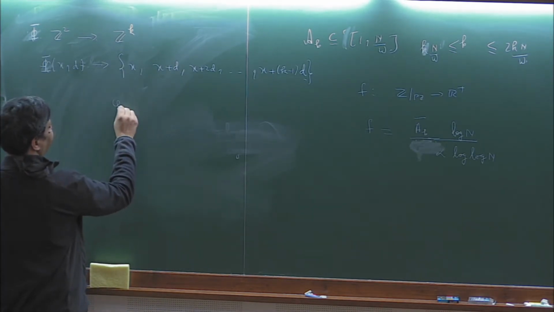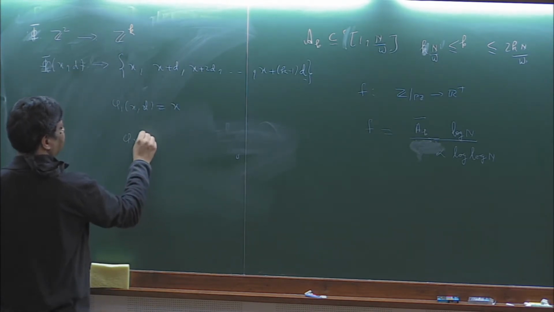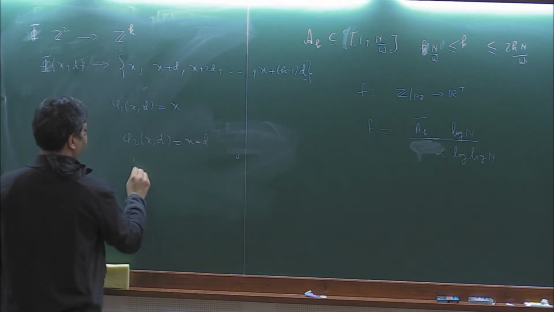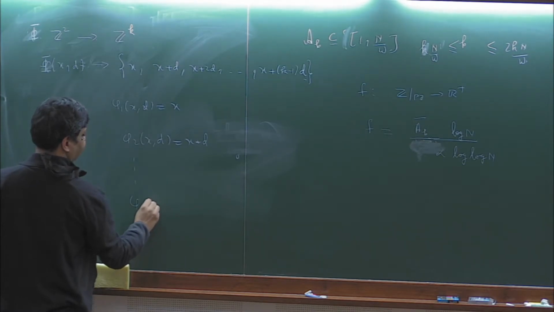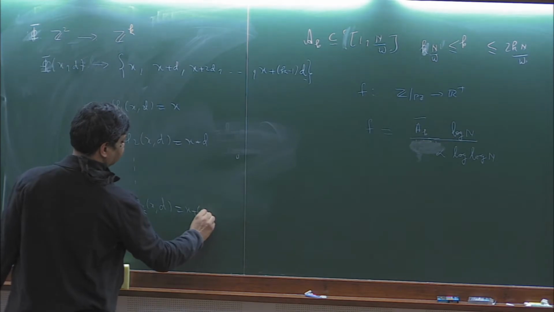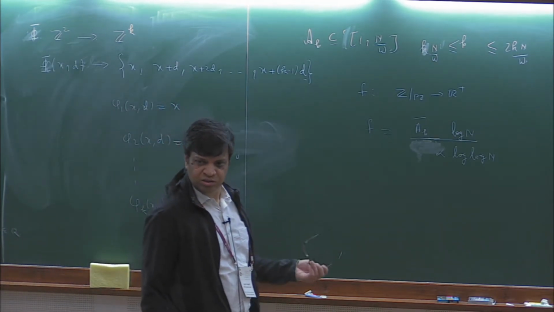Here phi_1(x, d) is equal to x, phi_2(x, d) is equal to x plus d, and phi_k(x, d) is equal to x plus (k minus 1)d.